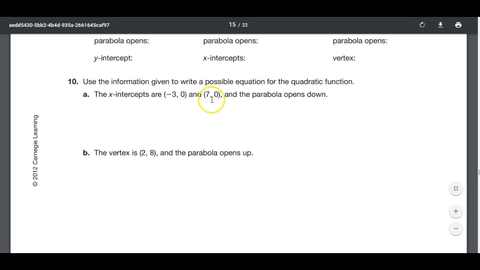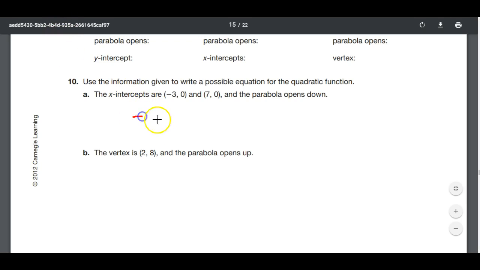Negative 3 plus 7 is 4, and divided in half is 2. But actually, I don't need that. It doesn't say what form it has to be in, so I can write it in factored form. So I would have x plus 3. Let me write this out, because I want it to be negative, right?